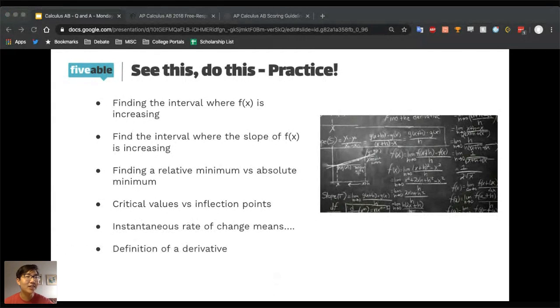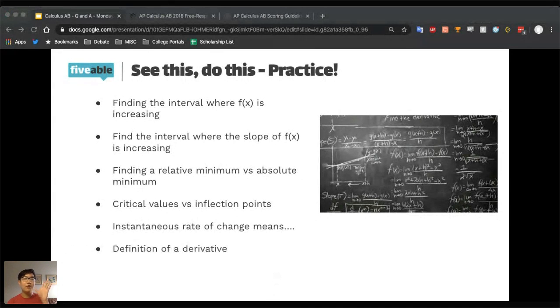So remember, it's the limit. The definition of a derivative is typically the limit as h approaches 0 of f of x plus h minus f of x all over h. So typically on AB and even BC, you'll see where they'll give you a derivative and you have to write it in limit notation. That's usually on the multiple choice section.